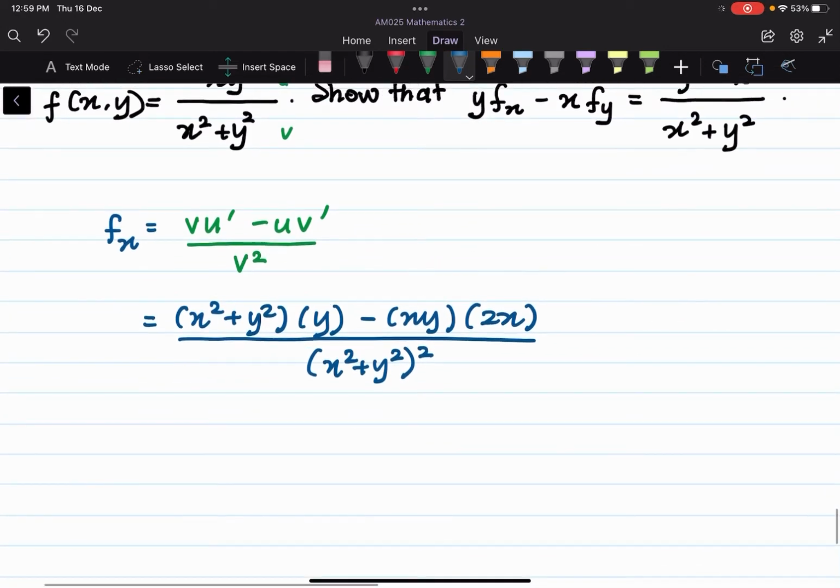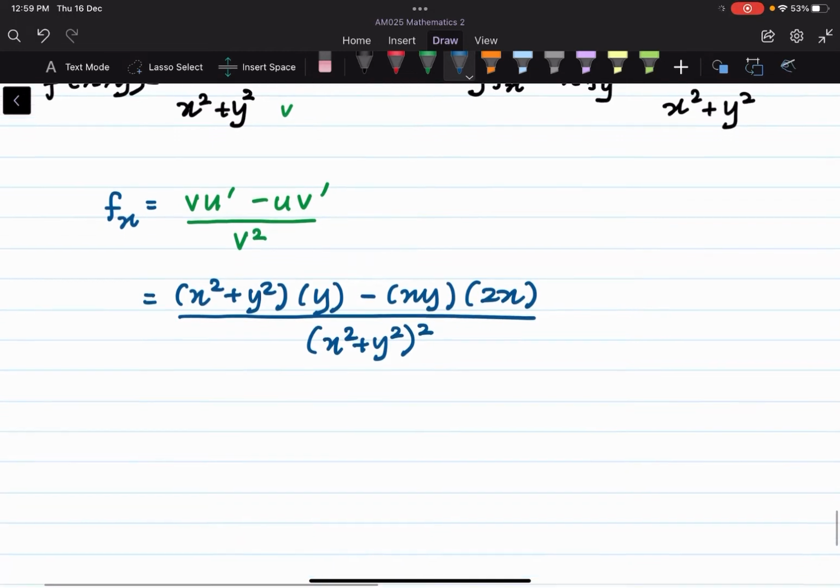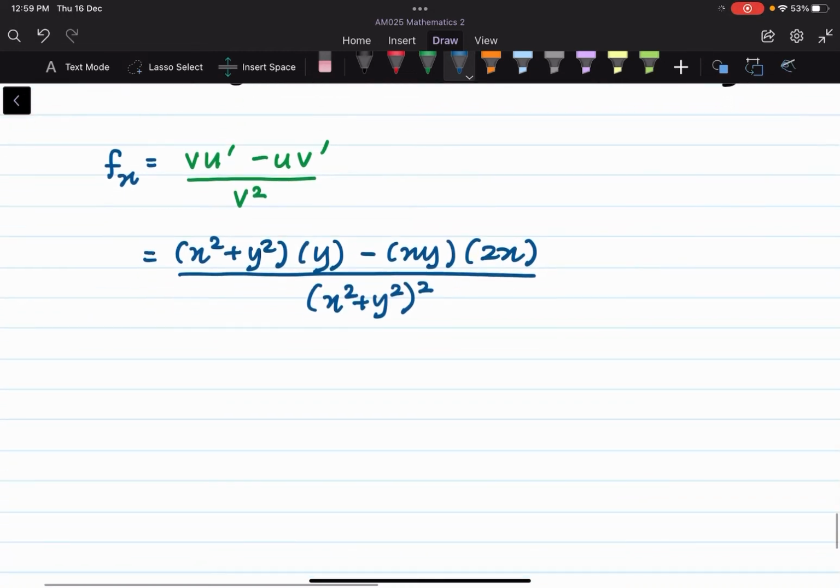Let us simplify this. We can factorize, or we may expand if you want, up to you. Okay, so I would like to factorize y. So I've taken a y out, so we are left with x squared plus y squared, and with this y taken out, we are left with x times 2x, which is negative 2x squared.